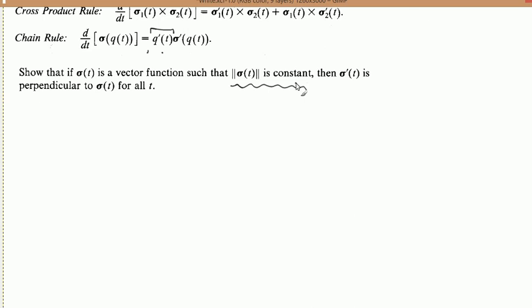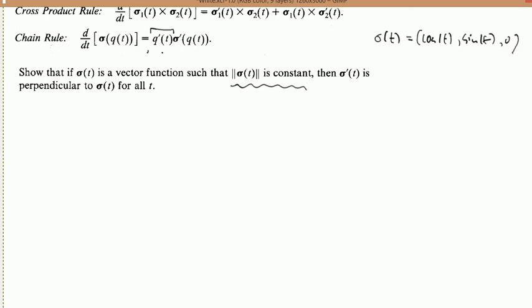We just looked at one, right? What's an example? Sigma t being cosine t, sine t, and 0. Or that example 5, the UVW vector hovering and then rotating at the same angular speed. That's exactly constant speed, right?